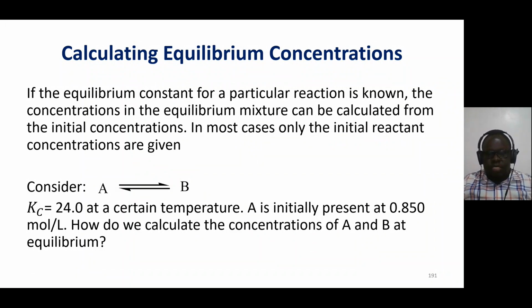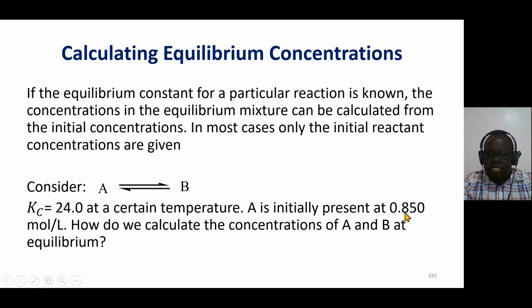Of course, that's not always the case. You can have another case where all the species are present initially. So here, consider this reaction, A converting to B, and they are at equilibrium, and the Kc value is 24 at a certain temperature.